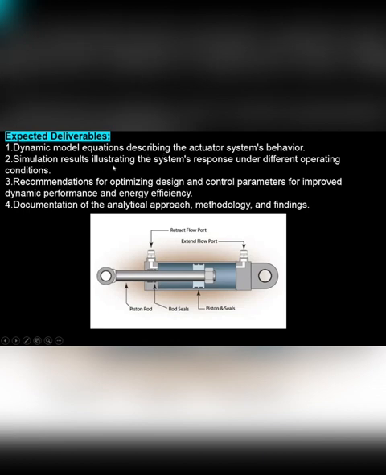Simulation results illustrating the system's response under different operating conditions. 3. Recommendations for optimizing design and control parameters for improved dynamic performance and energy efficiency. 4. Documentation of the analytical approach, methodology, and findings.